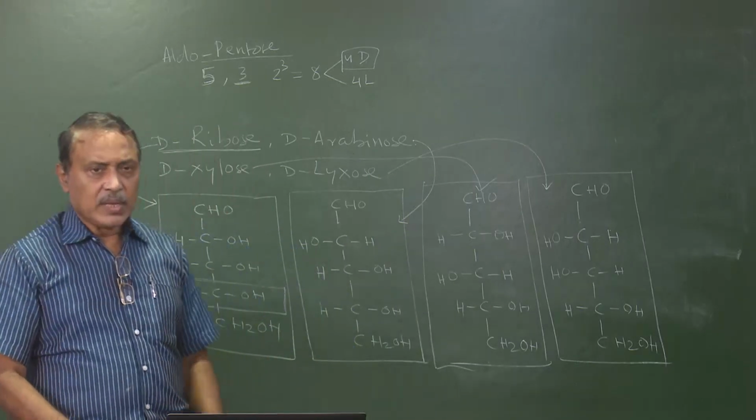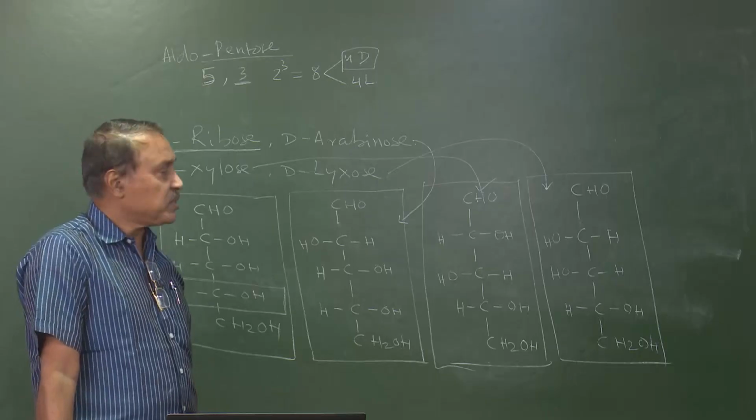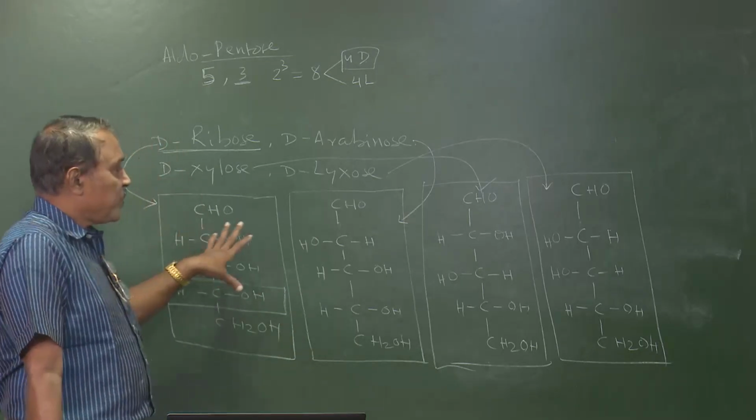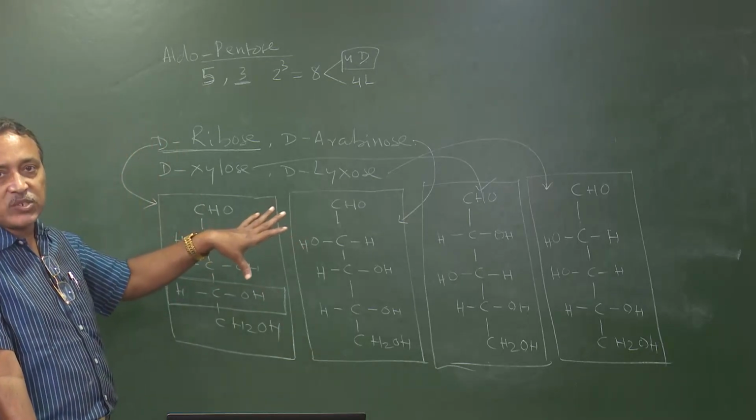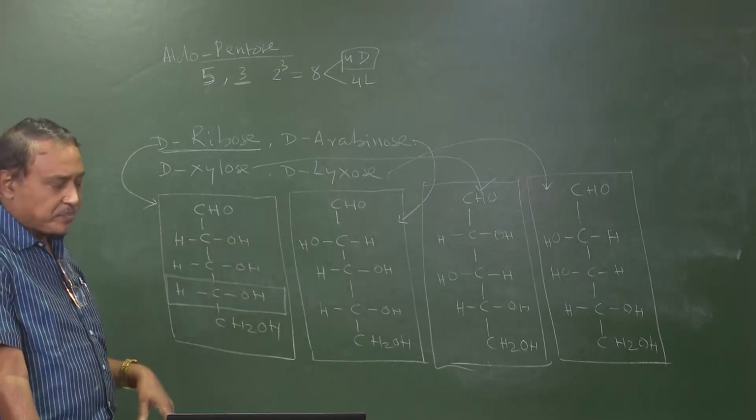Well, so this is what the pentoses are. These 4 pentoses are the D isomers, and we can write their L isomers whenever we like.